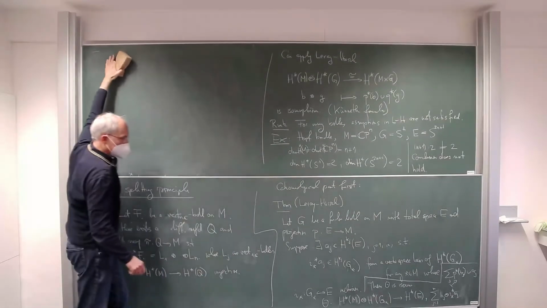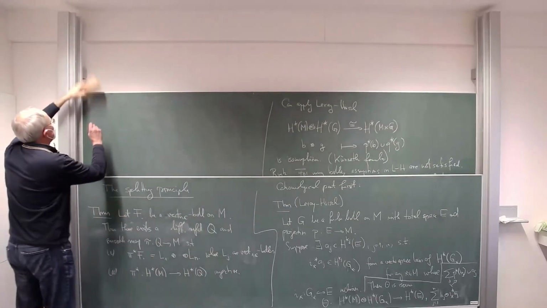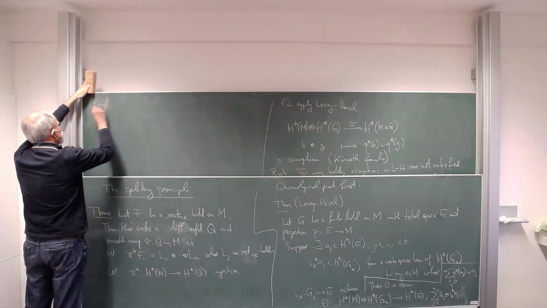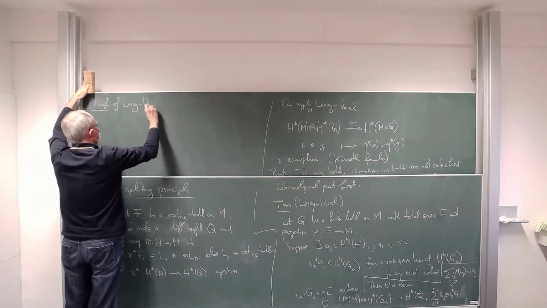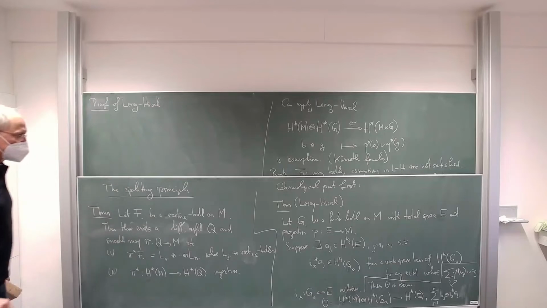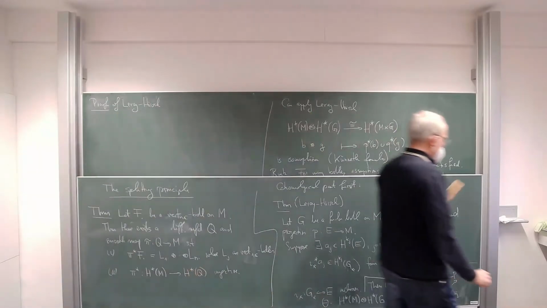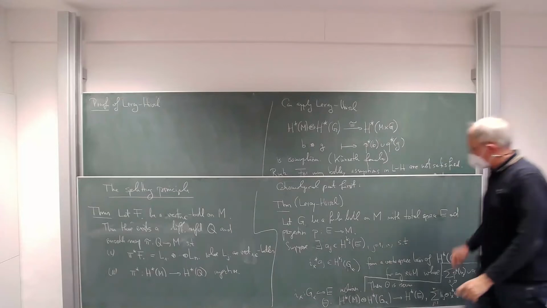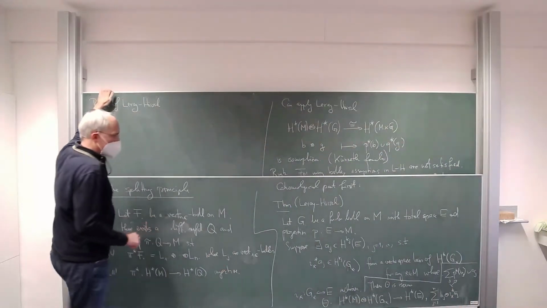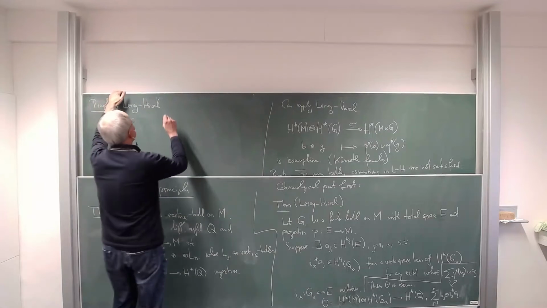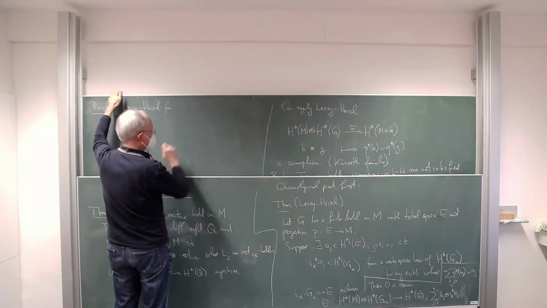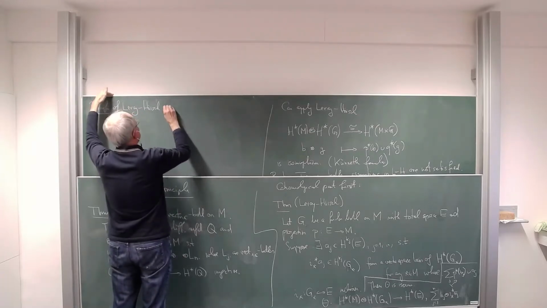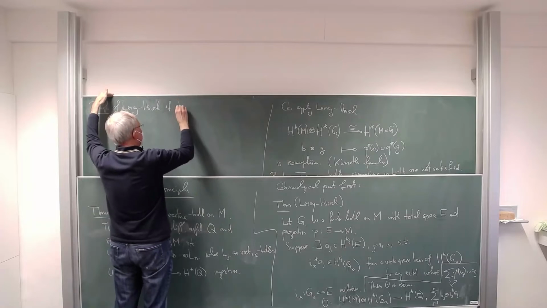The proof of Leray-Hirsch holds in this generality, but I will look at a somewhat more restricted case, namely, I will only do it for bundles of finite type. For Leray-Hirsch, the bundle is called G, is of finite type.